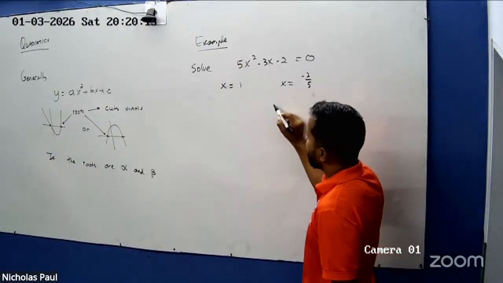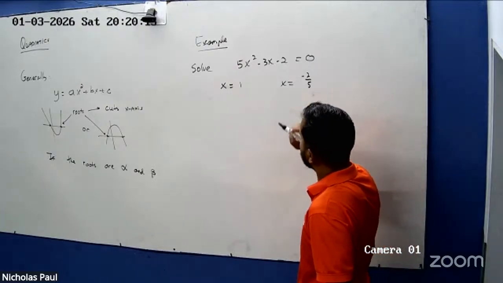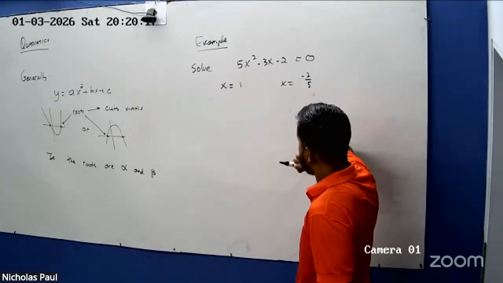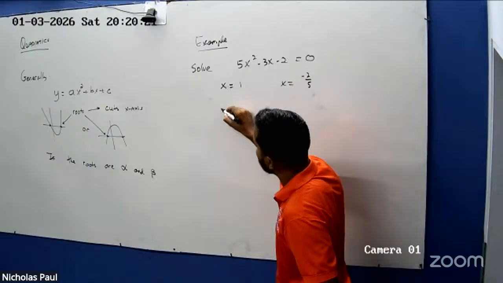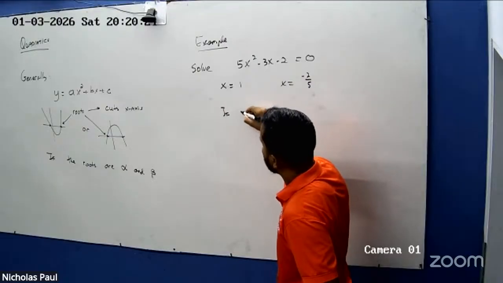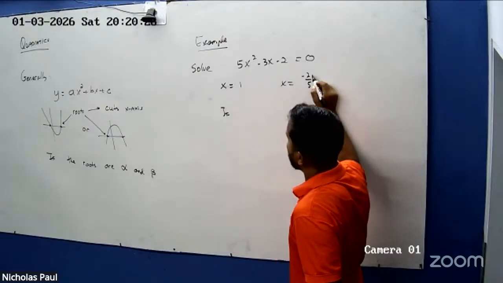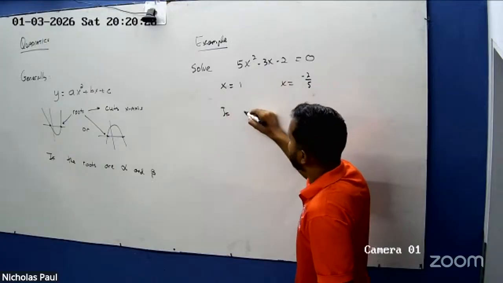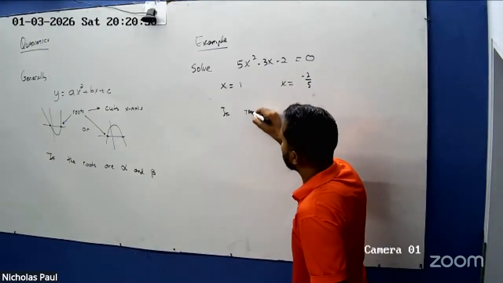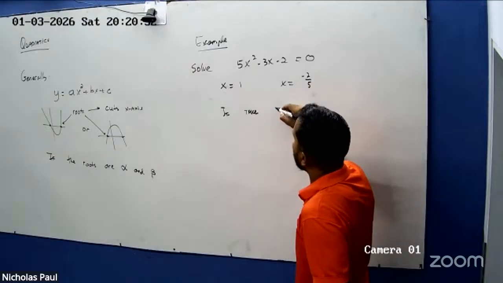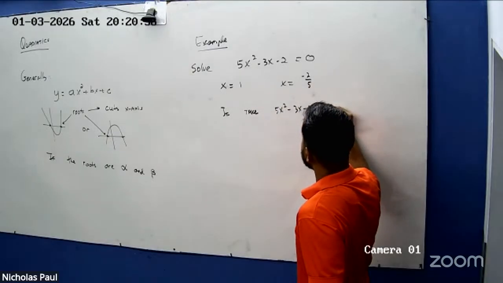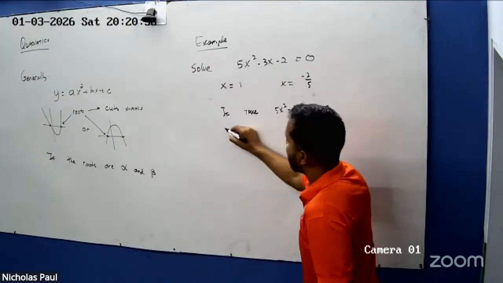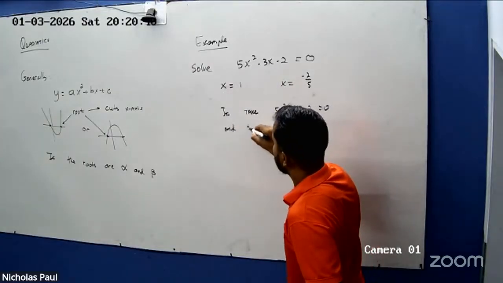I want to show you something. Tell me if you recognize anything. So if we take 5x squared minus 3x minus 2 equal to 0, and we divide it by 5, watch what will happen.